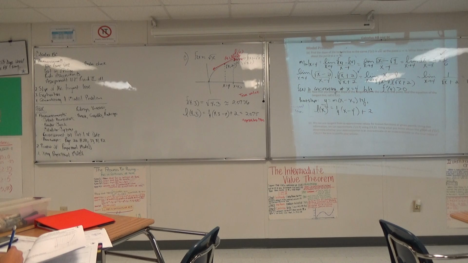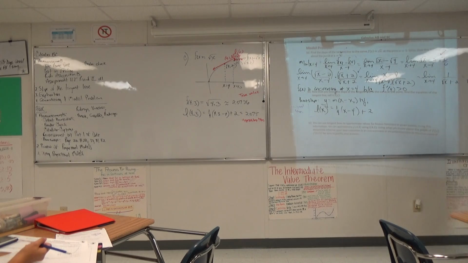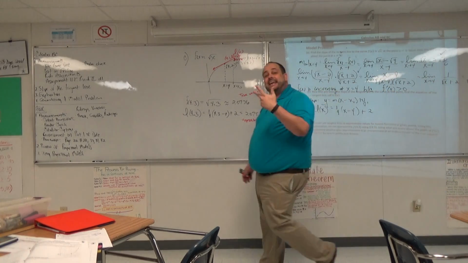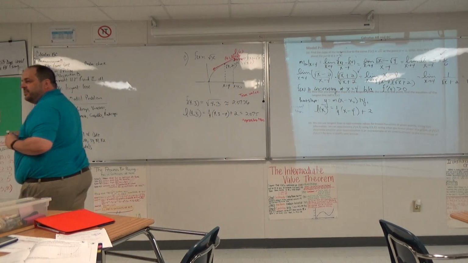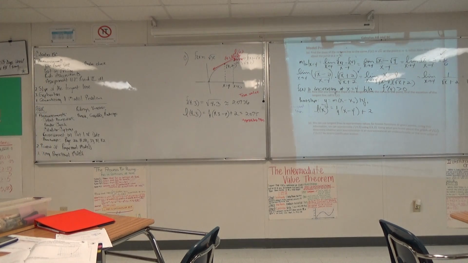So, real quick, have a conversation with somebody near you. Part D, a normal line is perpendicular to a tangent line. Using this information, find the equation of the normal line. We've got tangent lines, we've got secant lines, and now I'm bringing you into the world of the normal line. All the information you need is there.